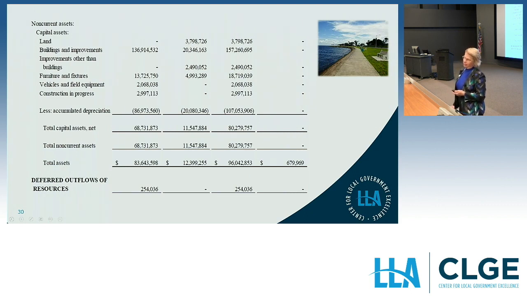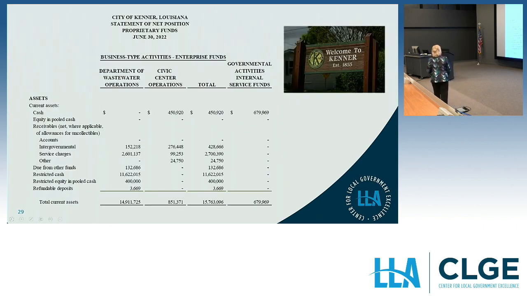What is a restricted equity in pooled cash account? Oh, wonderful question. I love it. So sometimes in governments, they put all the money into one bank account and then they allocate it to the funds. That's what they're doing here. So it's not called cash in your enterprise fund. They probably have it in their governmental funds where they put the equity.